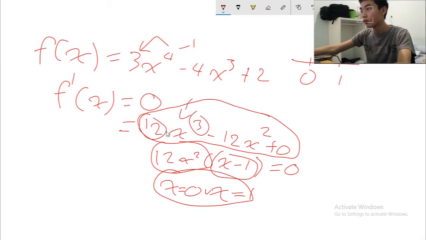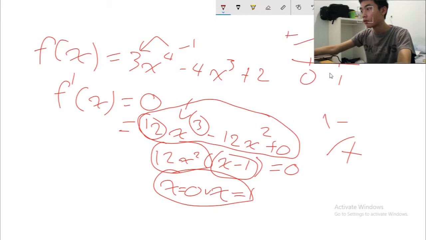First, we must look at the number. If it is negative, then the slope will be negative, but if it is positive, it will be positive. Since the 12 times x to the power of 3 is positive, we put the plus sign here, and then we complete it all like this.